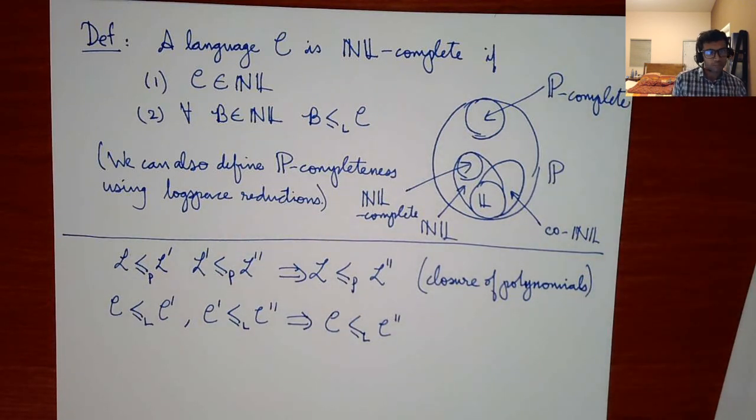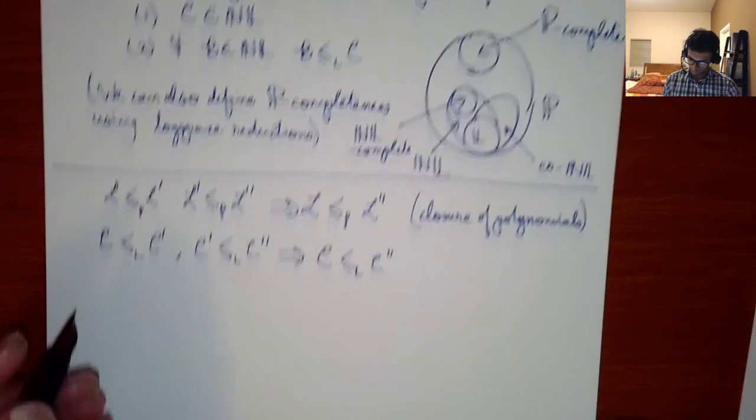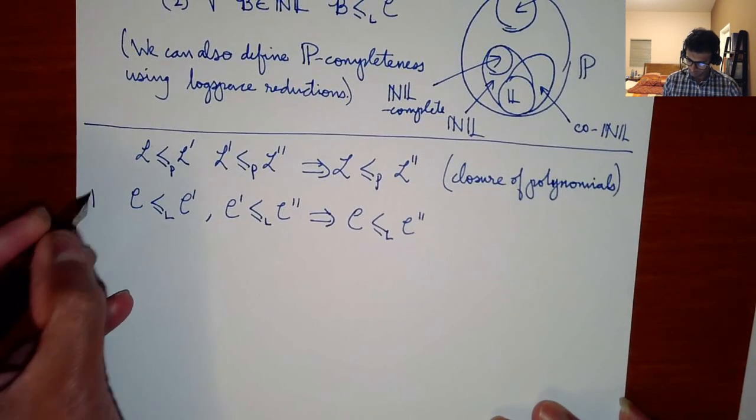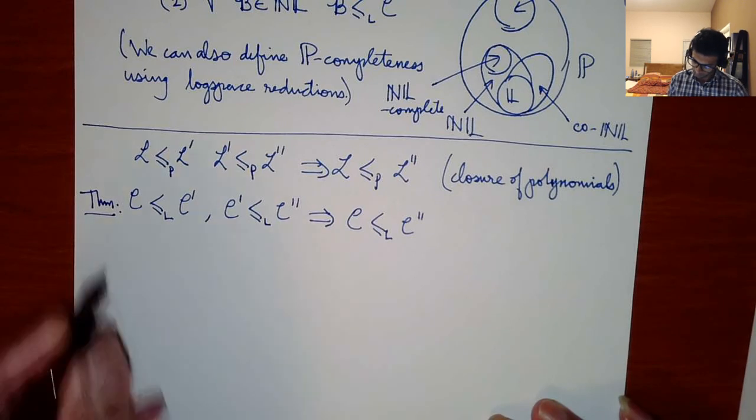There's only a Logspace machine that produces any bit of the output. So you have to be a little careful, although the proof is not hard. But I'd like to walk through this just so that we understand this notion of NL completeness better. So let me just state that as a theorem, and let's prove it.